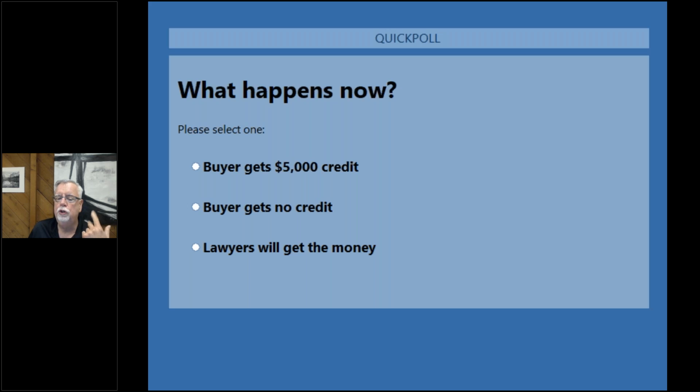Now, what should they have been using instead of the addendum form in order to negotiate the credit? They should be using the amendment of existing agreement terms, which you can also number. So an amendment is what you use when you're actually changing something in the contract, like adding a credit, revising the price, things like that.